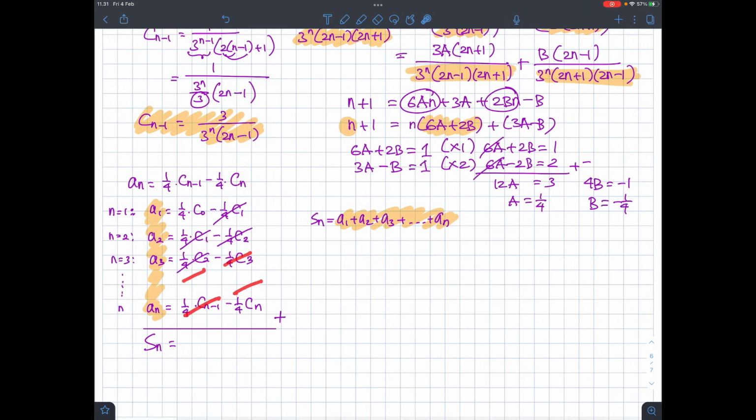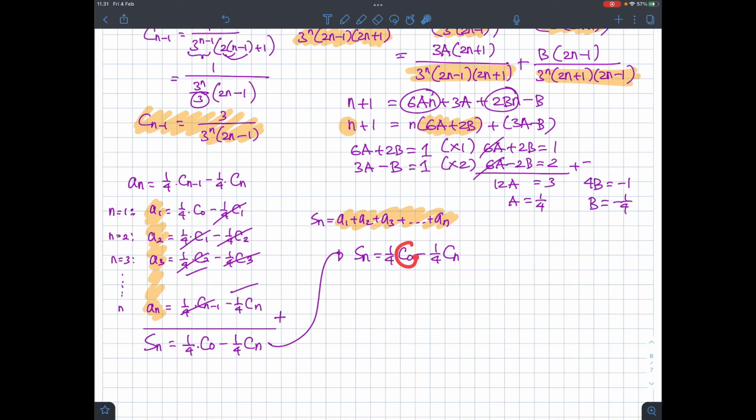So the rest is only the very first and the last term, yeah. 1/4 c0 minus 1/4 cn, yeah. So we already get here that Sn equals 1/4 c0 minus 1/4 cn, yeah.